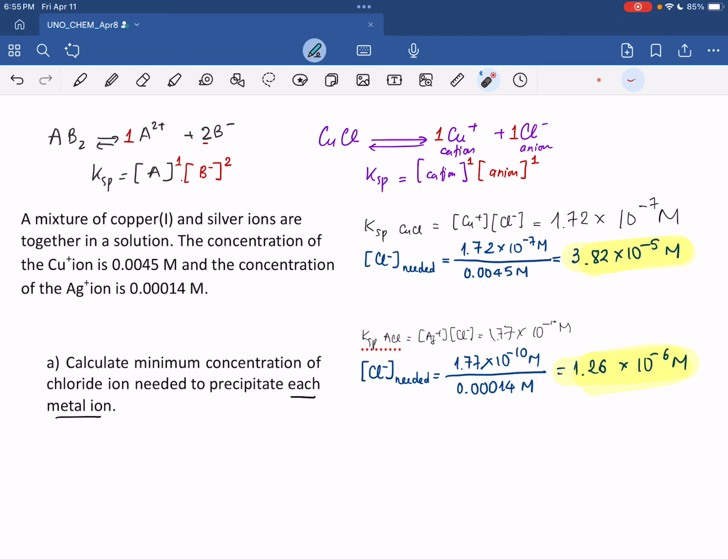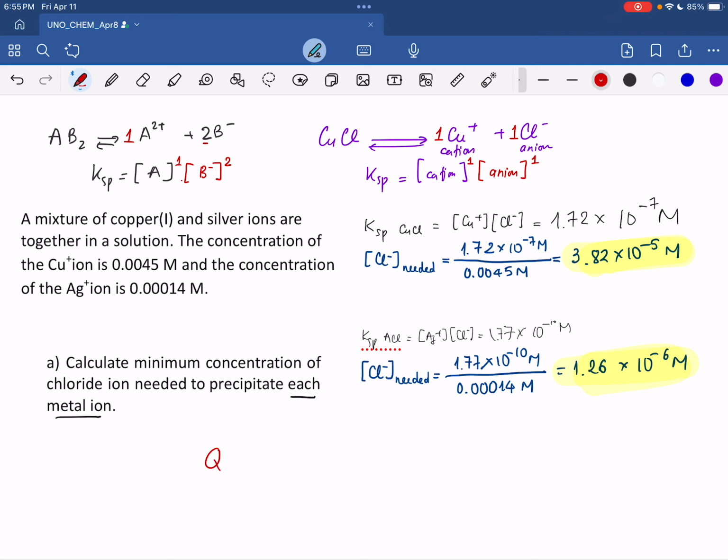Okay, so basically this is the product, as well as the Q. If we have Q less than the Ksp, this constant, then it will not precipitate yet. But once this product reaches a value higher than the Ksp, then it will precipitate. Okay, let me write it down here.